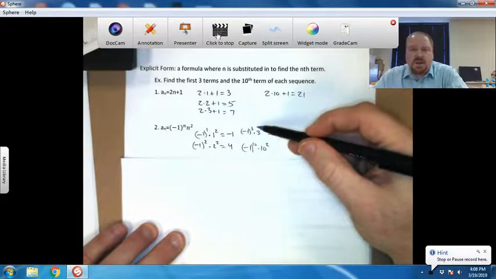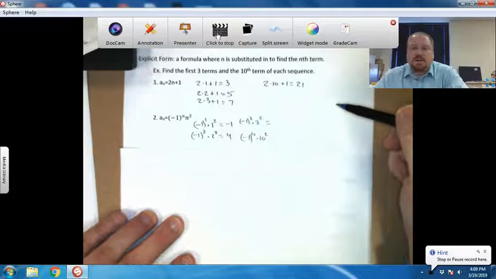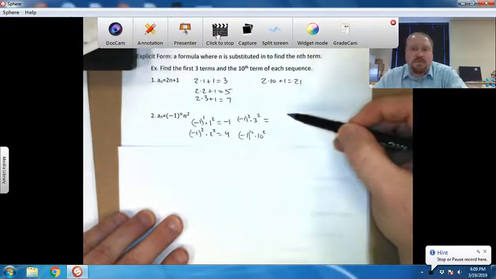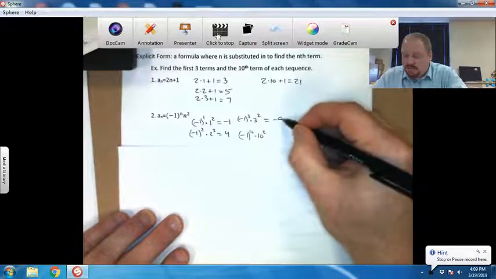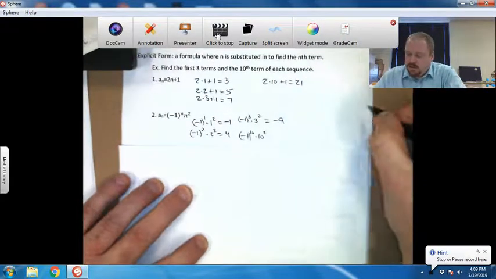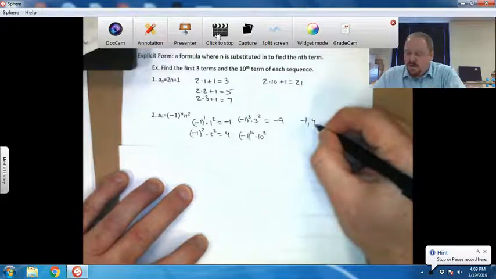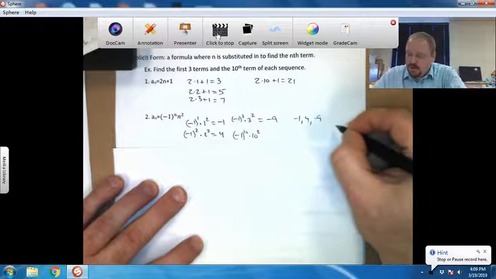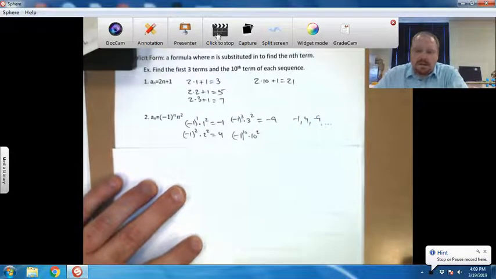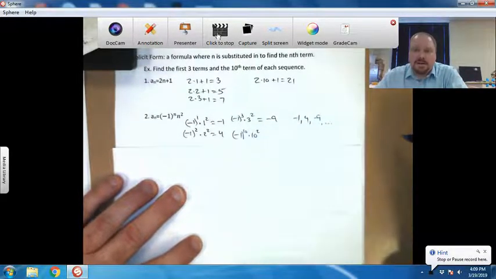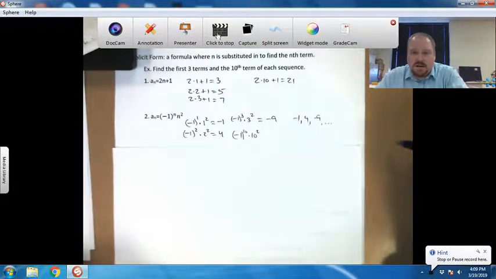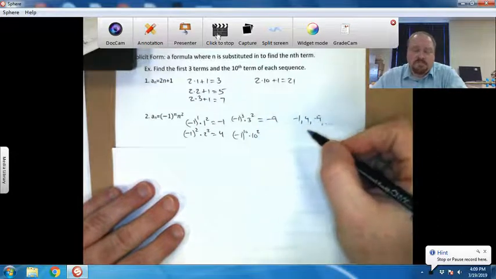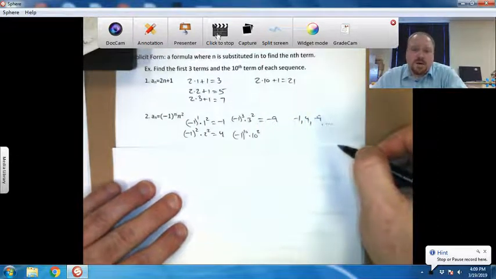Negative 1 cubed is negative 1 times 3 squared. 3 squared is 9. Negative 1 times 9 is negative 9. So far we have negative 1, 4, and negative 9. And then to get the 10th term, negative 1 to the 10th is positive 1. 10 squared is 100. So 1 times 100 is 100.